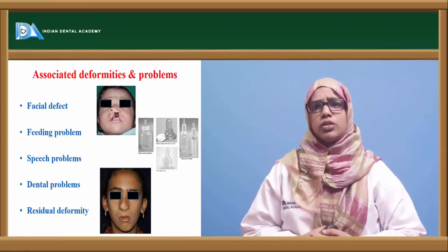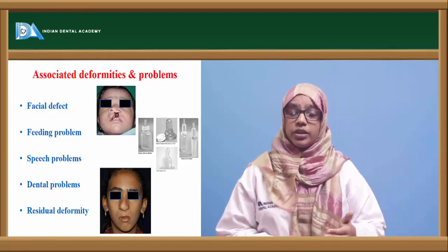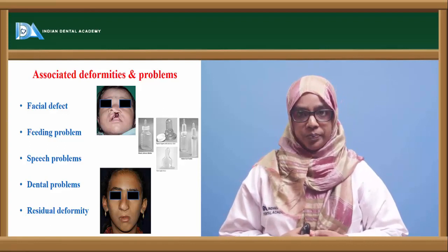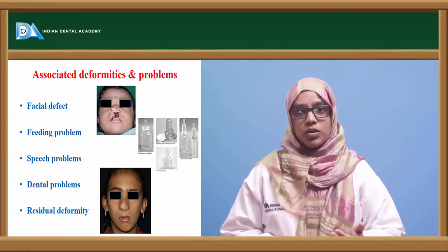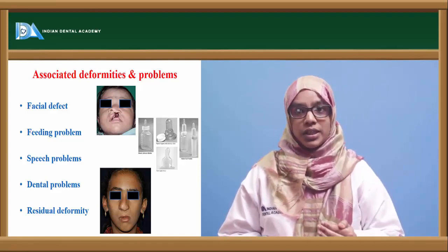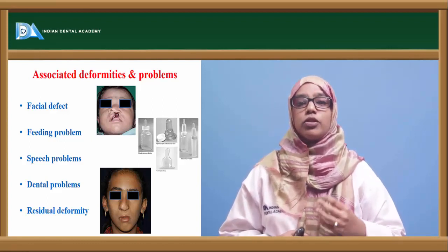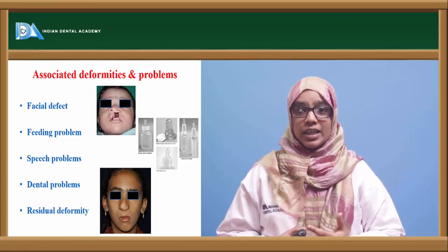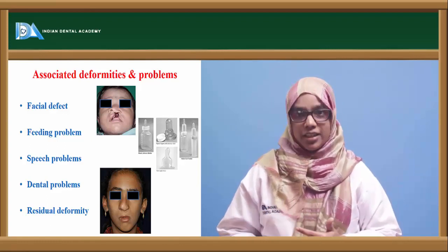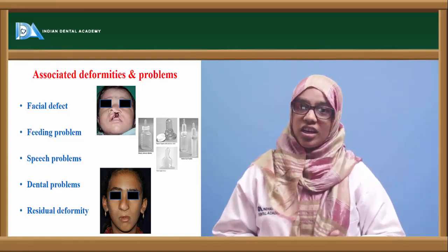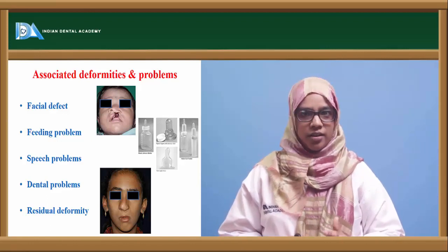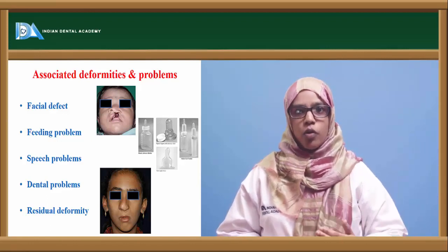Then the third problem associated with cleft is the speech problem. Because of the cleft, for certain consonants like P, T, D, K, the patient is not able to speak properly. Secondly, there is increased hypernasality. Even though you do a surgery, the hypernasality is always there. They will never have a normal speech like us.